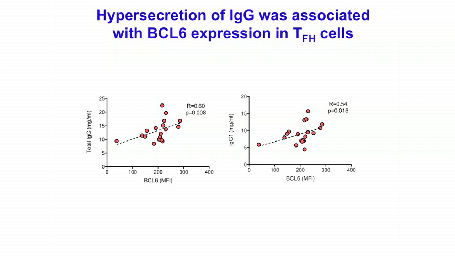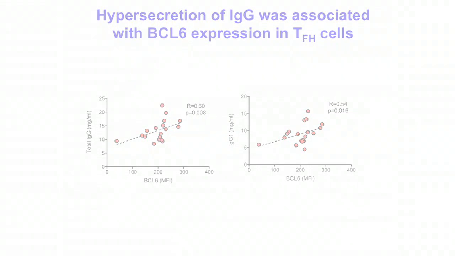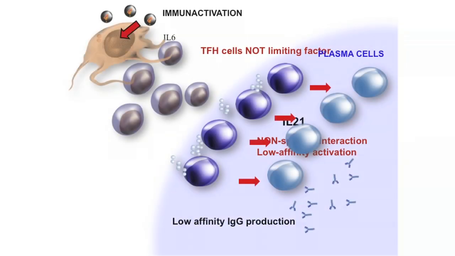Now, just to be cautious, we can't put this down to a mechanism that this is really the pathway of what is happening, but biologically it would make sense. So let's put it down to a model again.